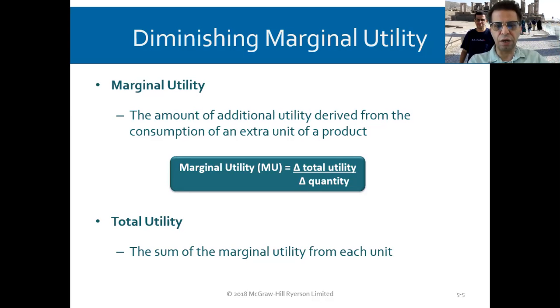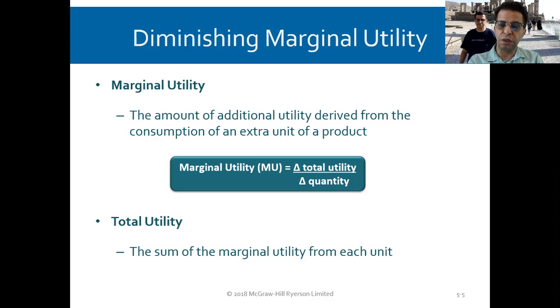Marginal utility, or MU, stands for the change in total utility over the change in the quantity. And the total utility is the sum of the marginal utility of each unit. Let's say the first hamburger gave you 5 utilities, or satisfaction, and the second gave you 4.